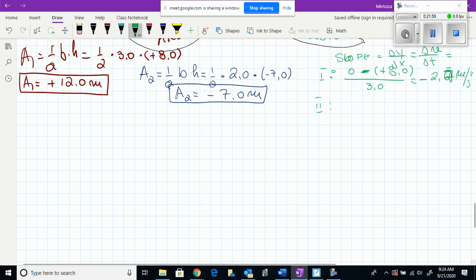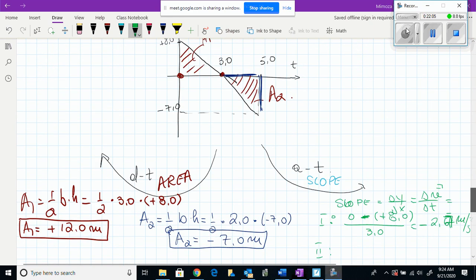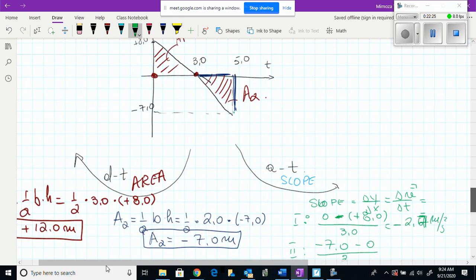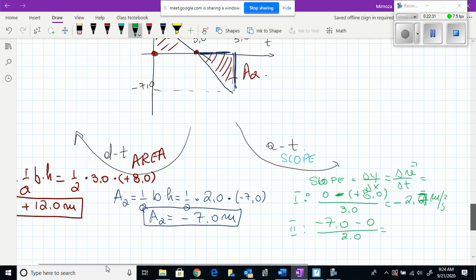And for the second part of the motion, we will have from the initial 0, -7 minus 0 over 2, which equals -3.5 meters per second squared.